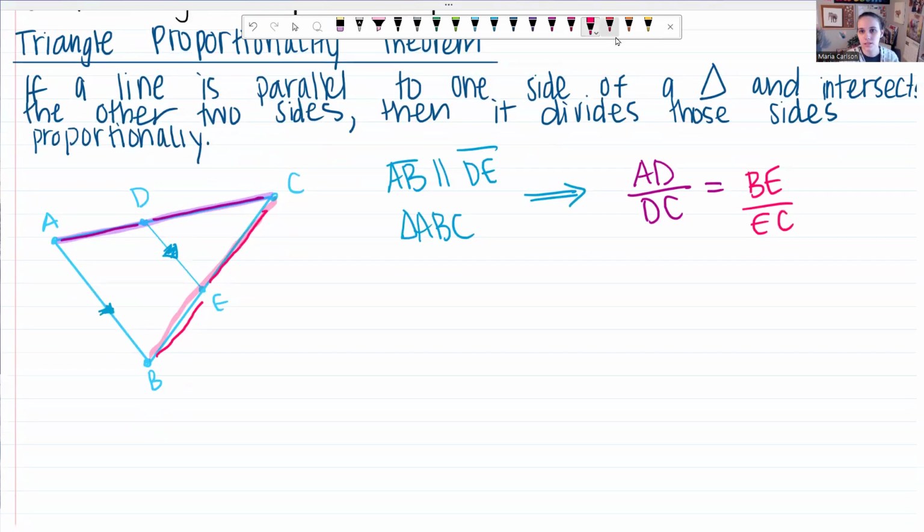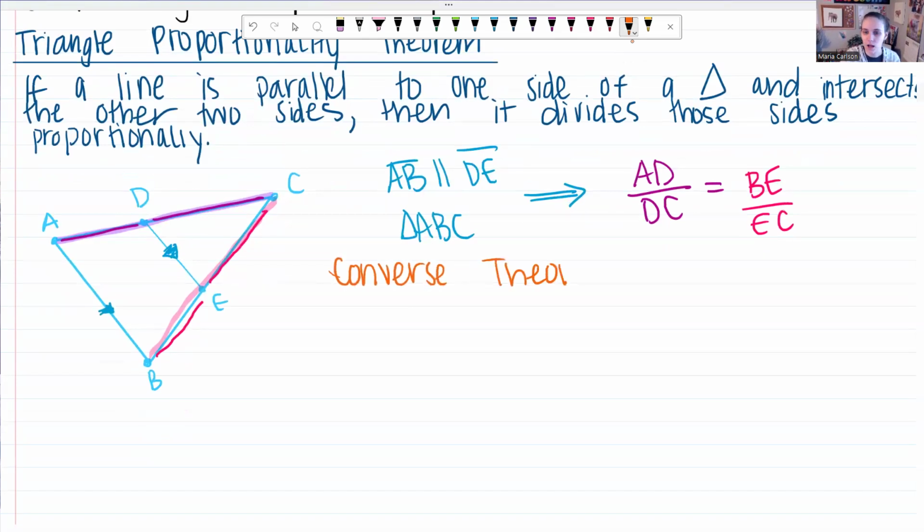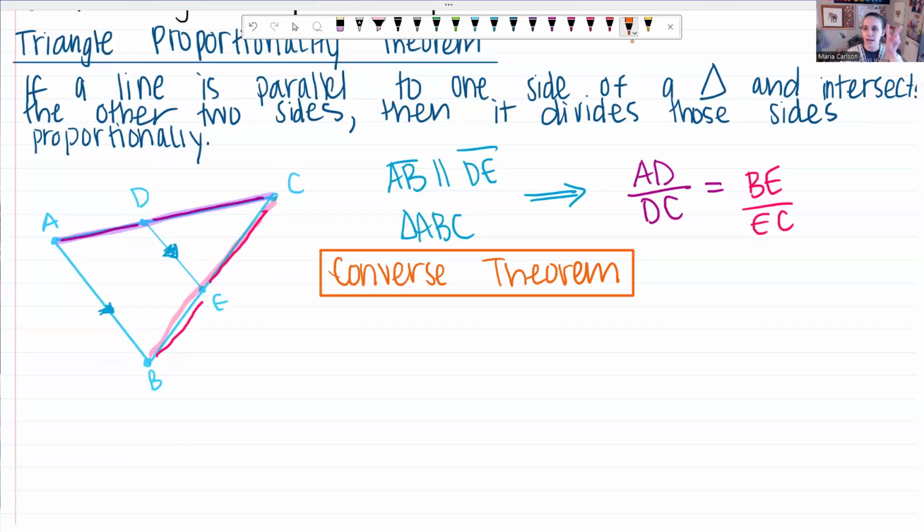Also, along with this, we know that the converse of this theorem is true. If you think back to when we were talking about logic, the converse of a theorem or a statement means you take the hypothesis and the conclusion and you flip it.